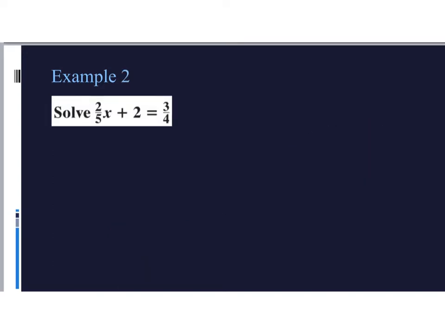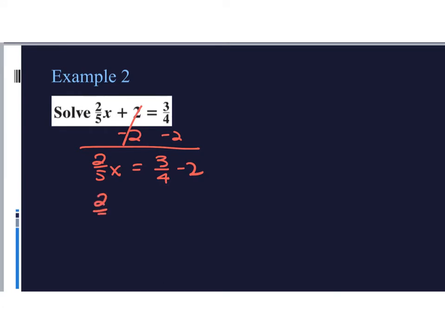For example 2, I have 2/5 x plus 2 equals 3/4. So I'm going to start out by subtracting 2 from both sides. So when I do that, I'm left with 2/5 x equals 3/4 minus 2. Well, if you remember, I have to simplify fractions, and to add or subtract, I have to have the same denominator.